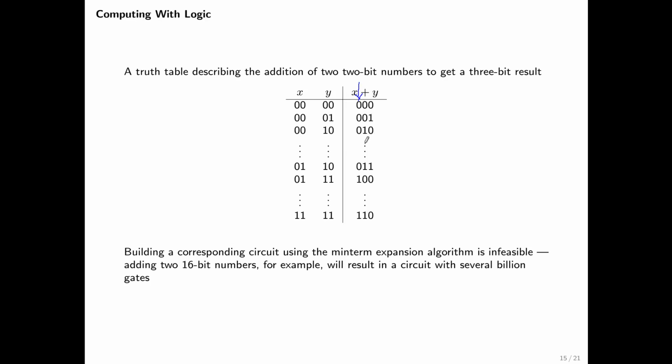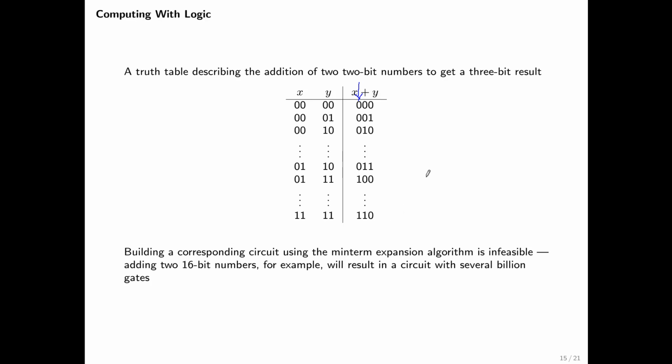For each column, we get some circuit, and once you have that, you can build hardware that computes this truth table.